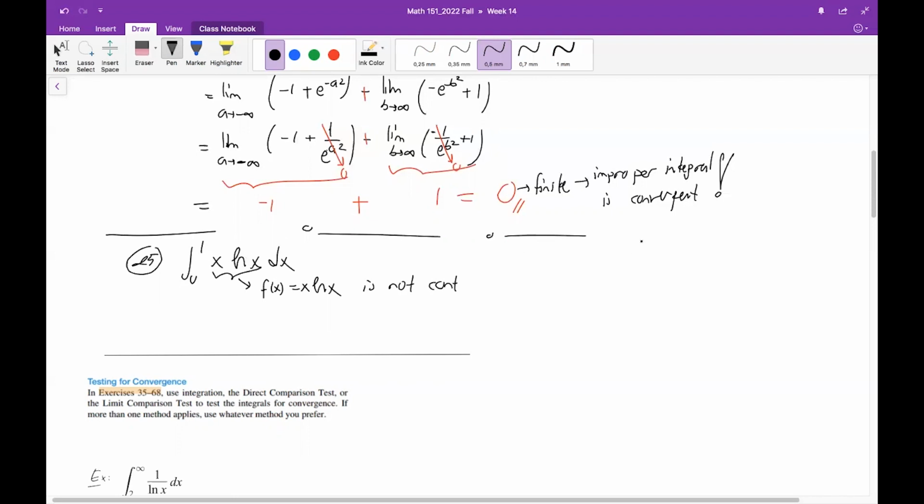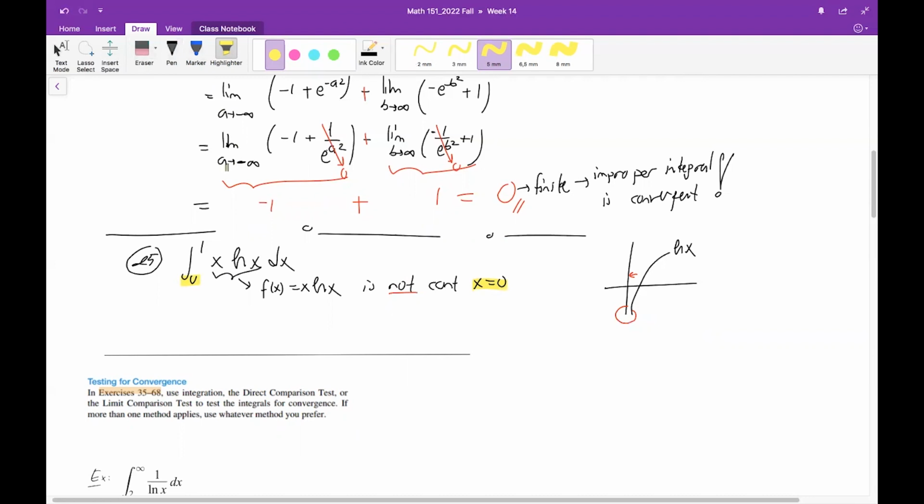Let me remind you the graph of the ln x function. This function is not continuous at 0, as you can see. When x goes to 0, ln x diverges to minus infinity. That's why f of x is not continuous at the point 0, which is the lower boundary of your integral.